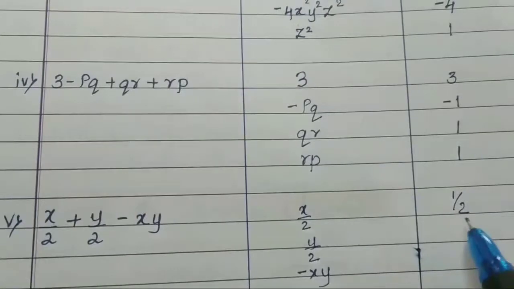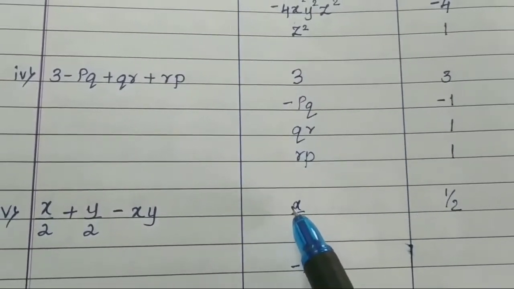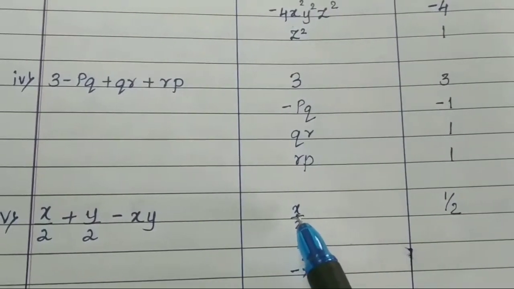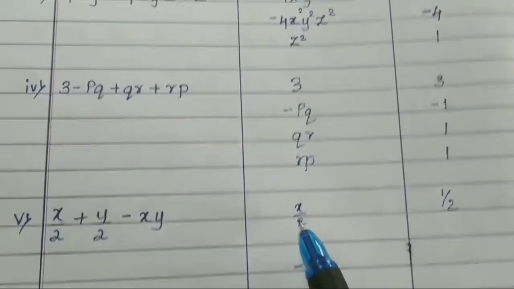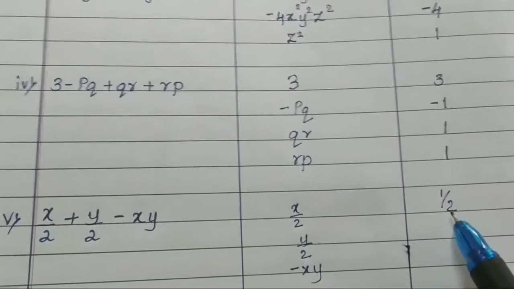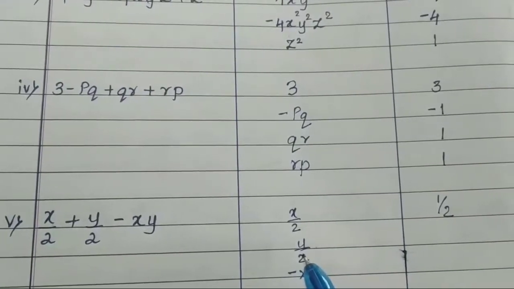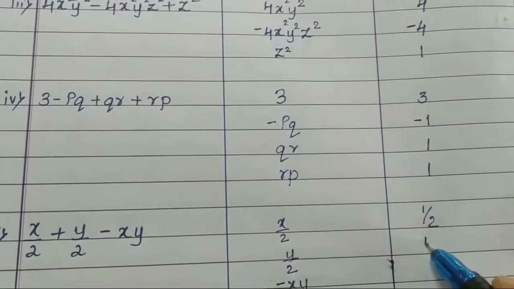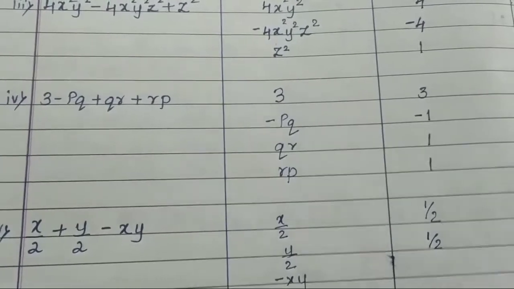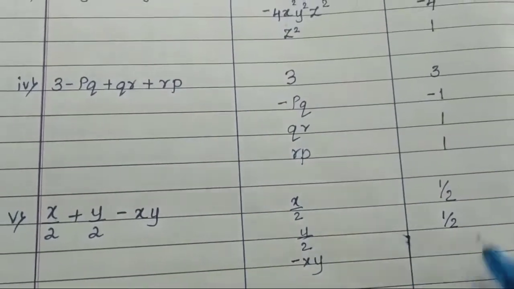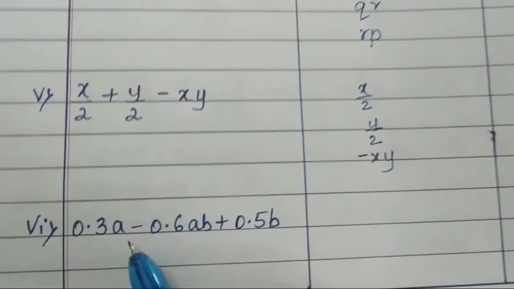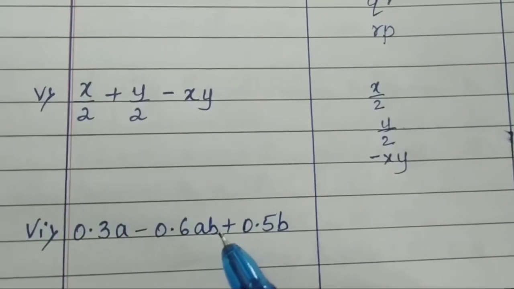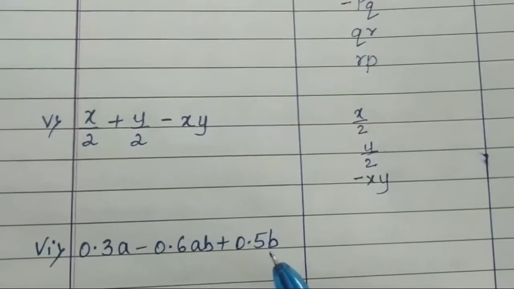So what is the coefficient of x by 2? It is 1 by 2. As beside this there is no number, it means we are going to write 1 here and divided by 2 we will take as it is. Okay, similarly here y by 2 is given, it is also 1 by 2 and here minus xy is given, it is minus 1.